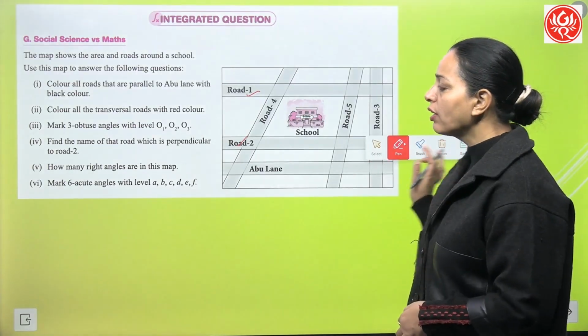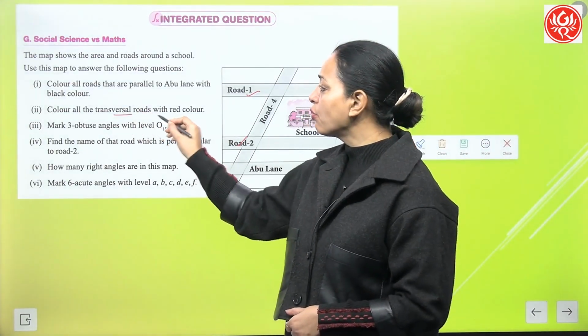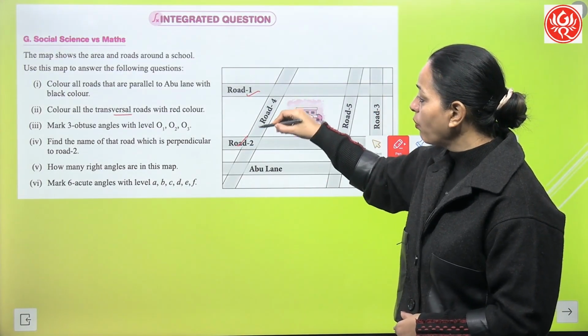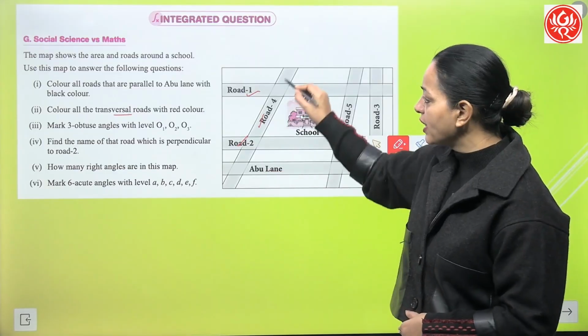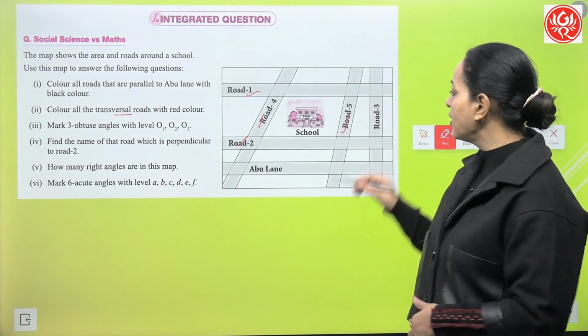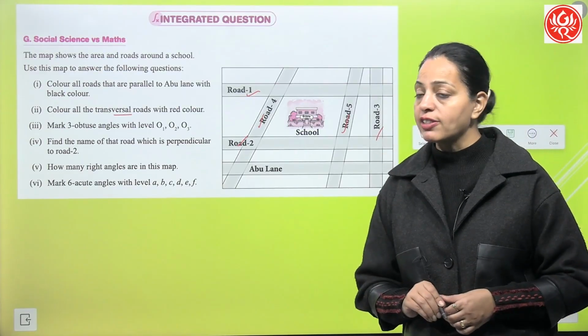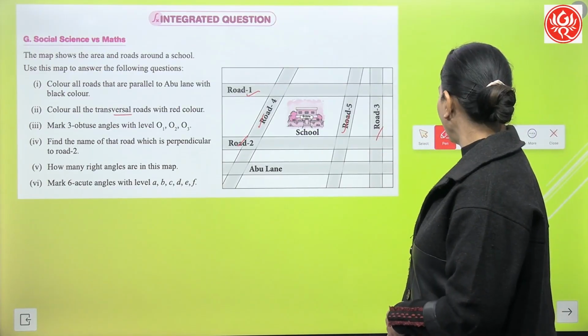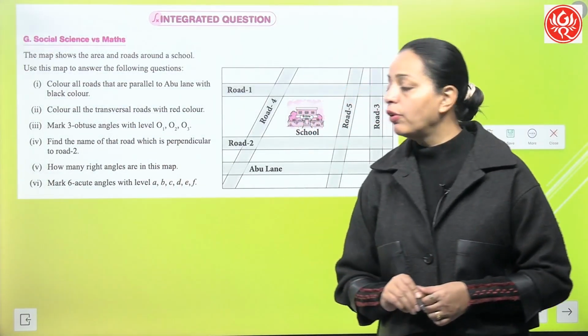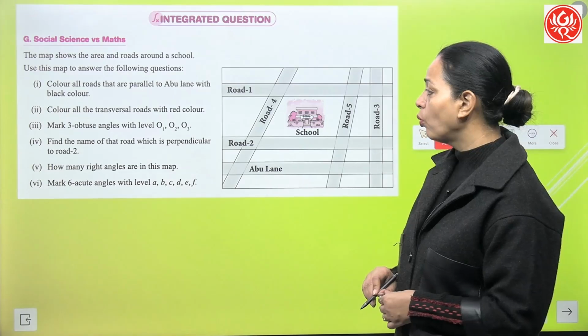Now the second one, color all the transversal roads with red color. So this one, road 4 is the transversal, road 5 is the transversal, and road 3 is the transversal, right? Now here the third one, mark 3 obtuse angles with labels O1, O2 and O3.